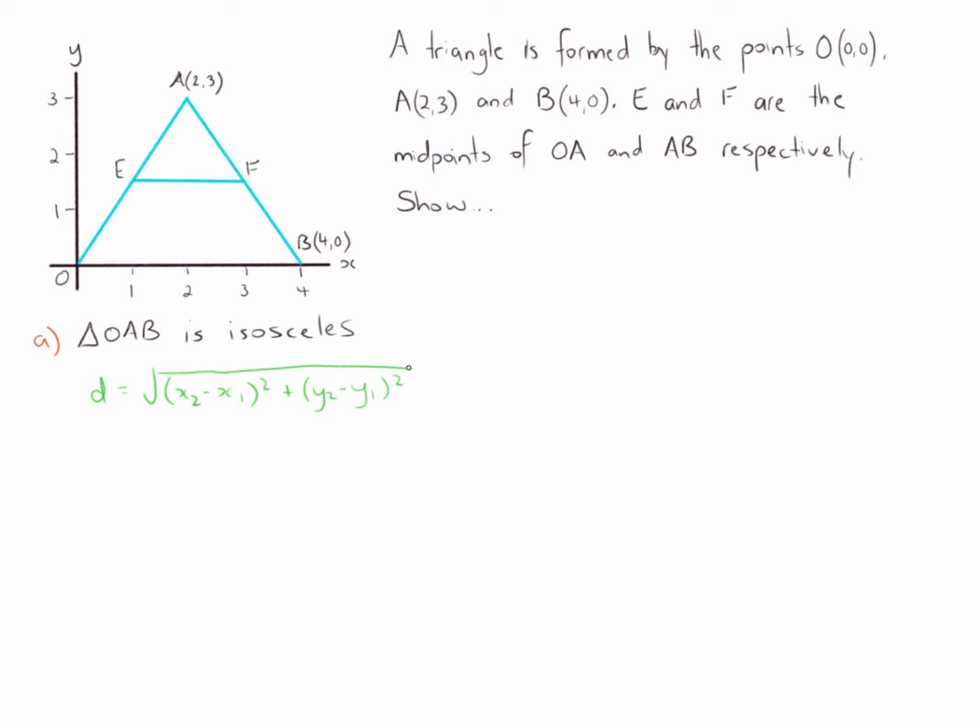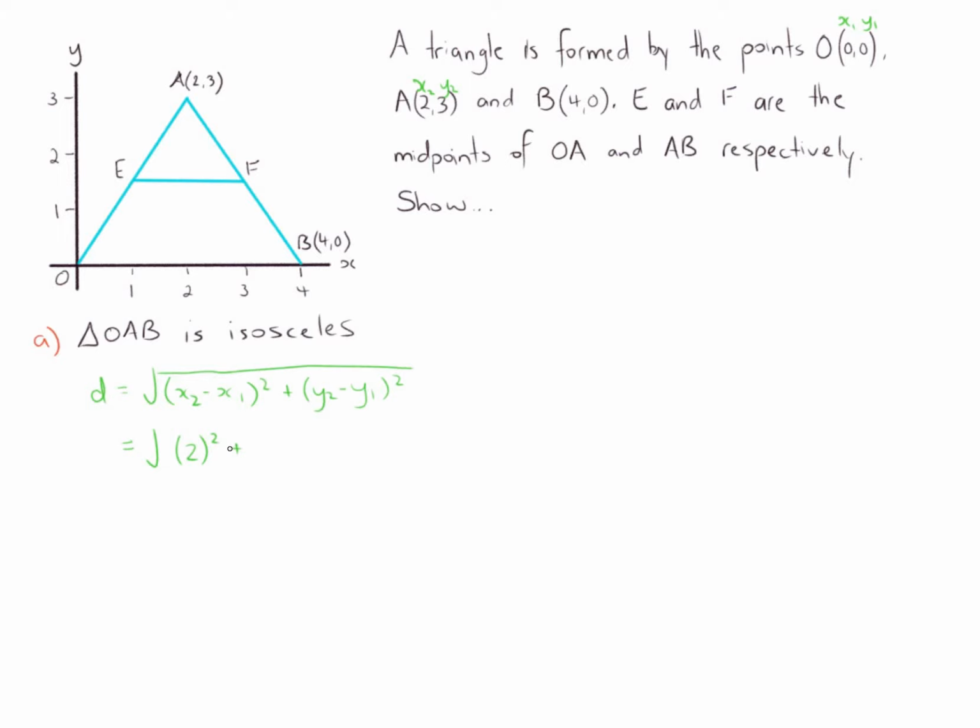So looking at points O, which is 0, 0, let's call that our first point, x1, y1, and A, that can be our second point, x2, y2. Now x2 take away x1, that's just 2 take away 0. So that's 2.